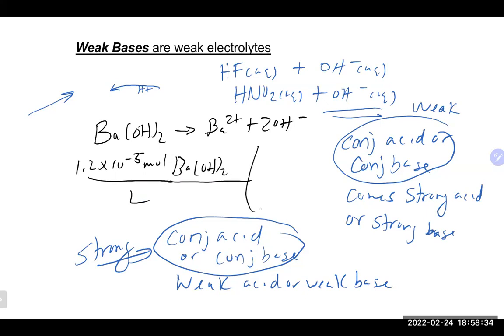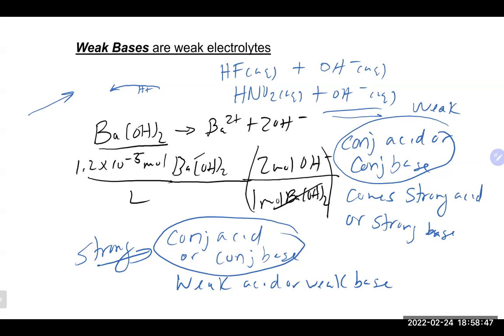What we would do is a basic mole to mole relationship where there is 1 mole of barium hydroxide, 2 moles of hydroxide. The barium hydroxide cancels, and now you have moles per liter of hydroxide. Ultimately, we multiply by 2. That's the long version of multiplying by 2. It's really stoichiometry that we're doing to move the concentration to where we need, just so you understand that, hopefully.